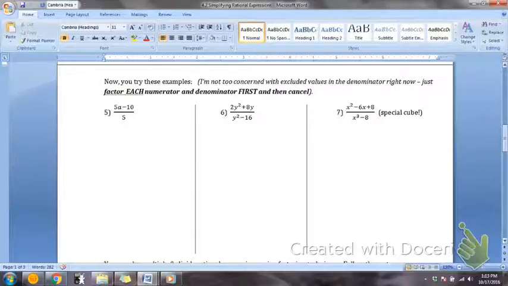Follow the rules in the box on the other side and you should be just fine. So first you are factoring the numerator, factoring the denominator, and then you are canceling.